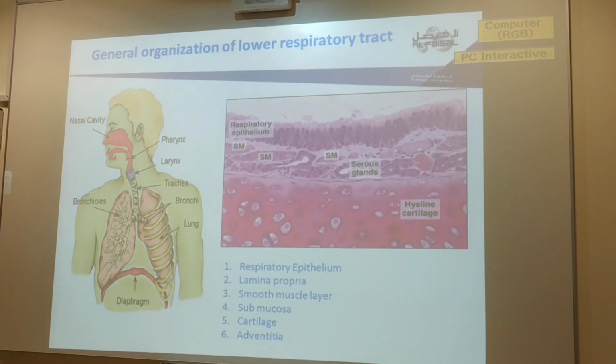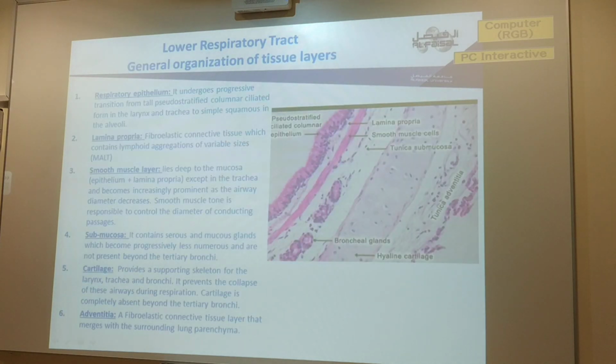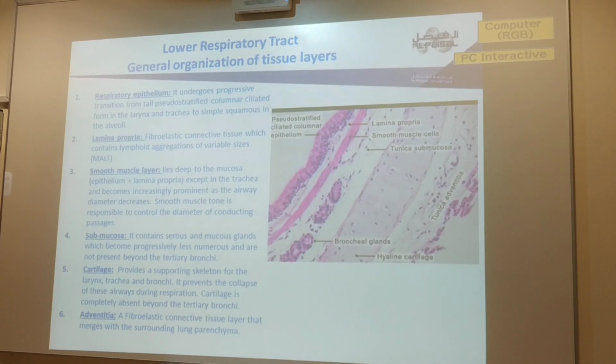Try to compare as well. This is the difference in the structure. Is that clear? Okay, now let's start. So epithelium is respiratory epithelium, but it's not respiratory epithelium throughout. Here I will take a few minutes. I have no hurry. I need to make things clear. Now start from larynx. The tallest epithelium will be there in the larynx. The tallest columnar cells will be found in the larynx.